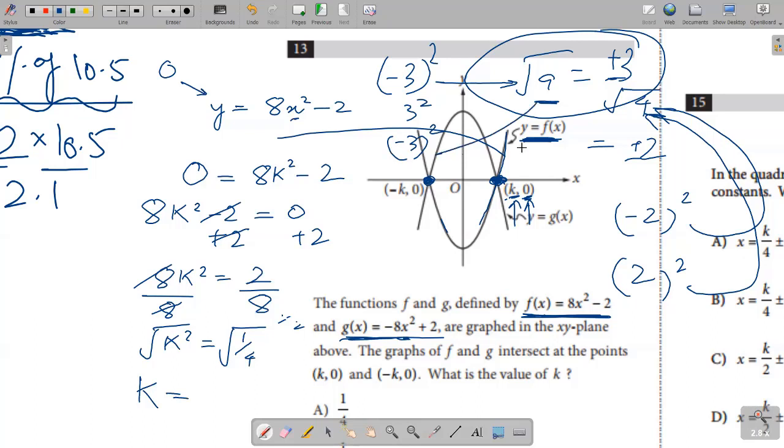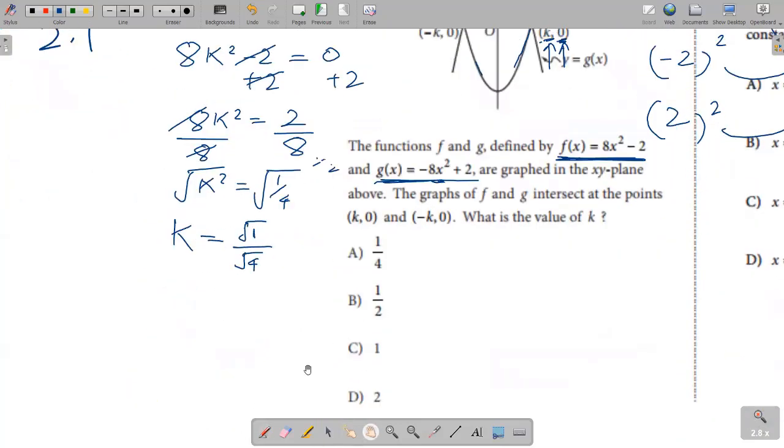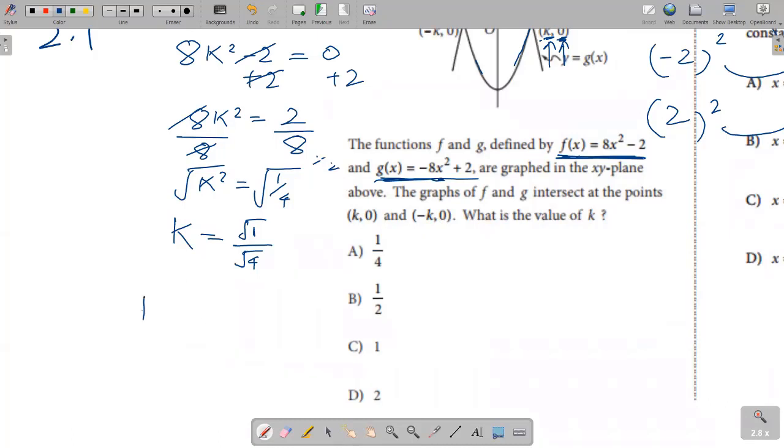Are you following? Yes, I'm following. So what we can do here, we have the square root of 1 divided by the square root of 4 as k. So k equals the square root of 1, which is plus minus 1, divided by the square root of 4, which is plus minus 2.